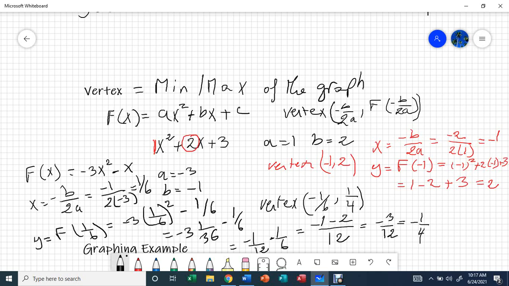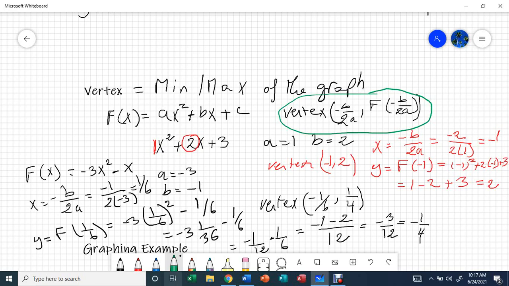So this is how you find the vertex using the first formula. The x coordinate is negative b over 2a. Once you find that x coordinate, plug it into your function and find the y coordinate.